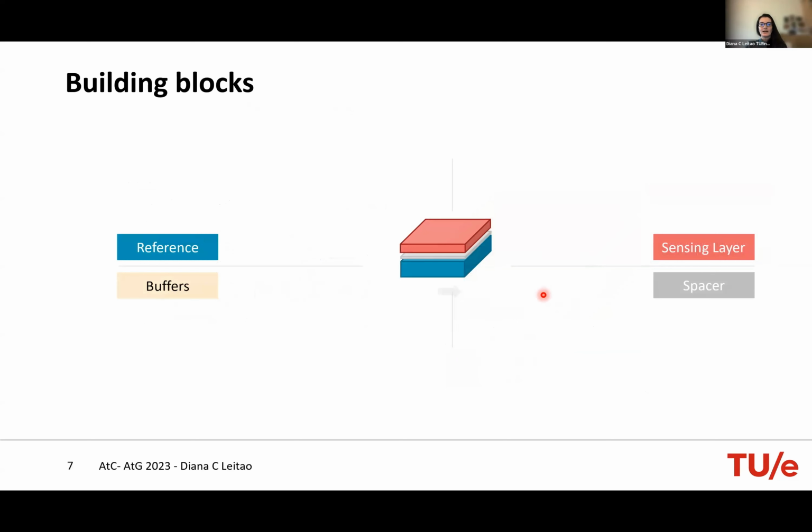And for that, I divided these main building blocks into what I call 4 main parts. I will speak briefly about the role and the importance of each one of them to devise a really competitive state-of-the-art sensor. I will first start with the spacer.